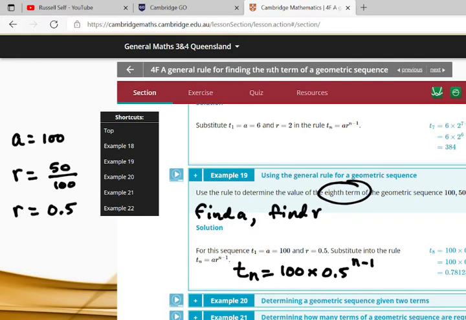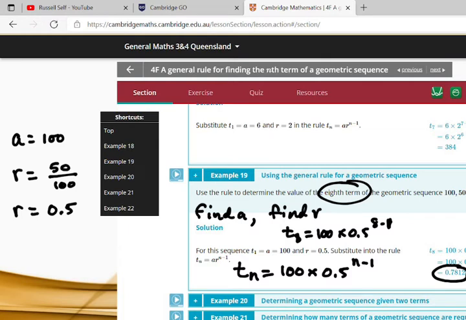And so that means t sub 8 is 100 times 0.5 to the 8 minus 1. So 0.5 to the 7th power. And then when you put that in your calculator, you can see the answer they got, a tiny little decimal. So this is an example of geometric decay. It's going down in value.